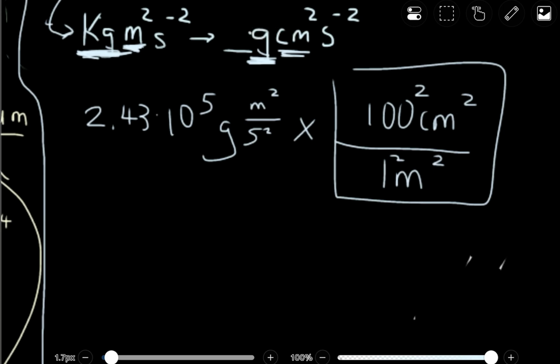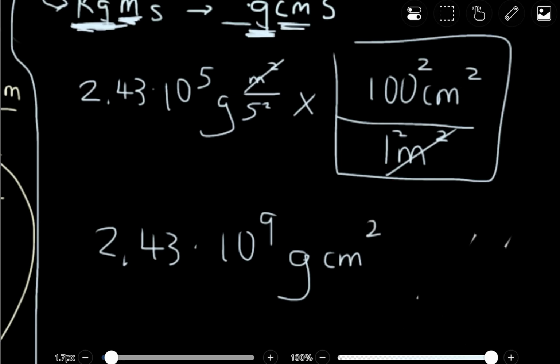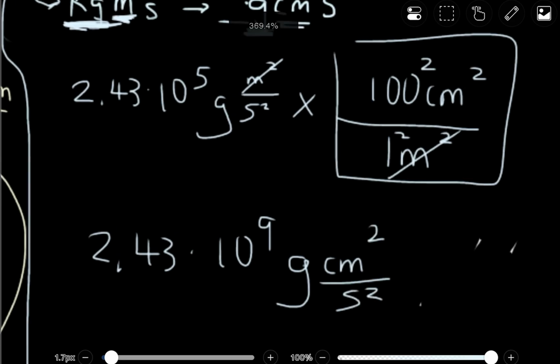So now we can just multiply while canceling out the units we don't need. And finally, your answer will be 2.43 times 10 to the power of 9. Let's write that prettier. Grams, centimeters squared over s squared.